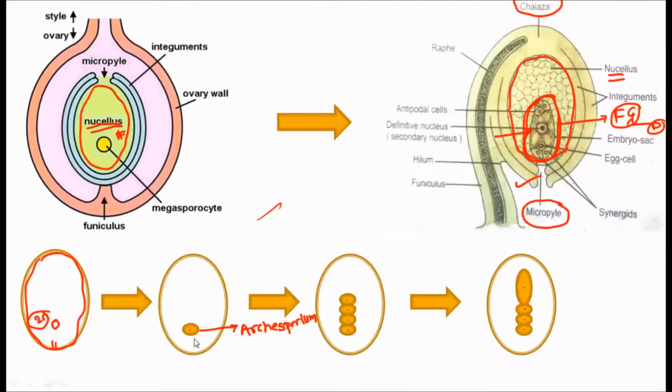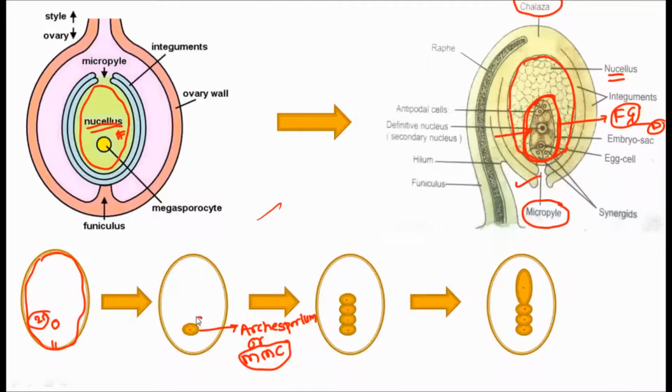This archesporium is developed from the diploid cell of a nucellus. This cell, being diploid, is also called the megaspore mother cell, that is MMC. The cell which is diploid in nature, which is developed at the micropylar end of the nucellus of an ovule, is called archesporium or megaspore mother cell.